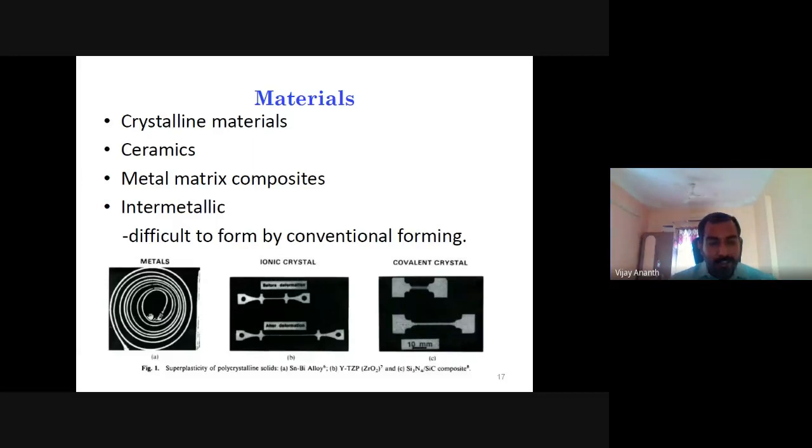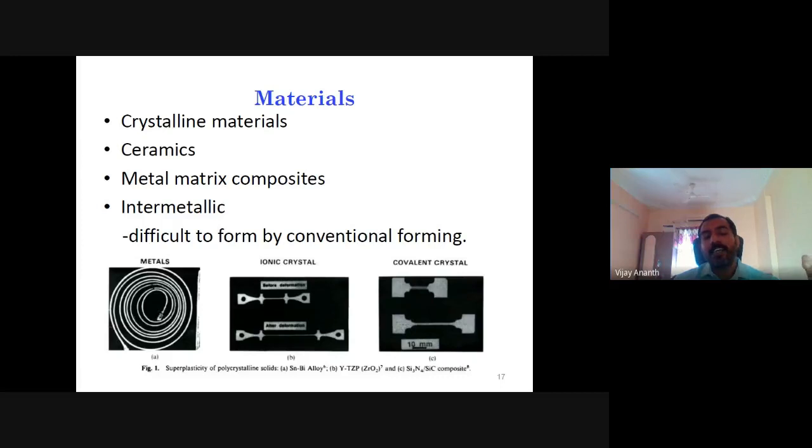This first one is a metal tensile specimen which is elongated. It is lead and tin, okay, tin and bismuth. It is elongated this much length. We have already seen this in the first slide.